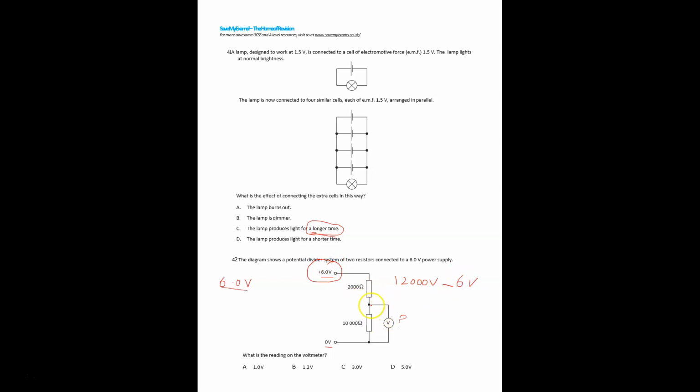Now we want to find the voltage reading across 10,000 ohm. 10,000 ohm will take X voltage, cross multiply. So 6 times 10,000 divided by 12,000. Use a calculator, you can find the answer. Okay, students.